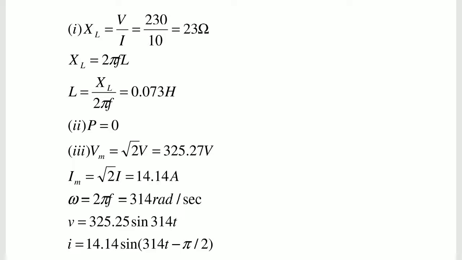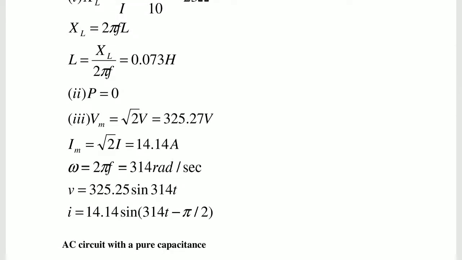In a pure inductor, the current is always lagging by 90 degrees. So 90 degrees lagging means minus pi by 2. This is the instantaneous current equation of pure inductance.